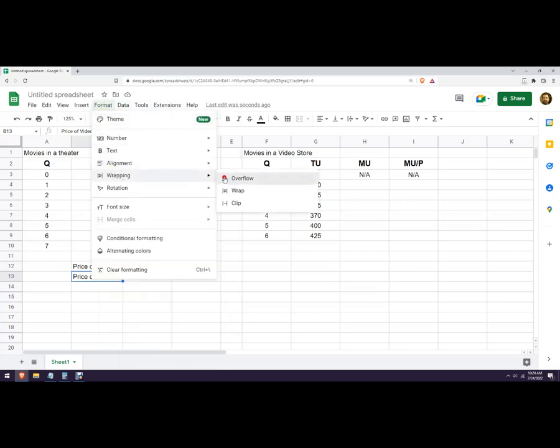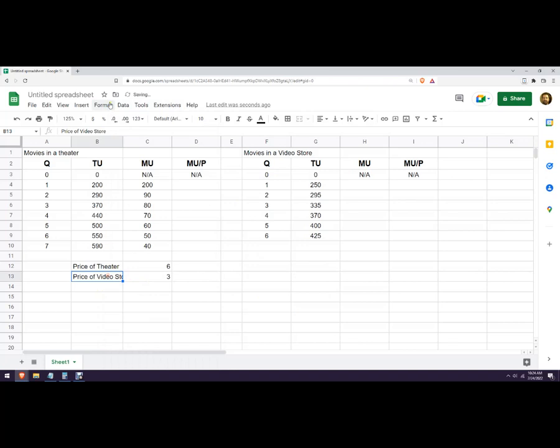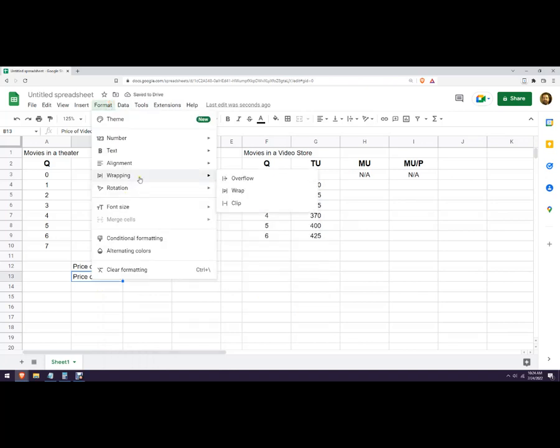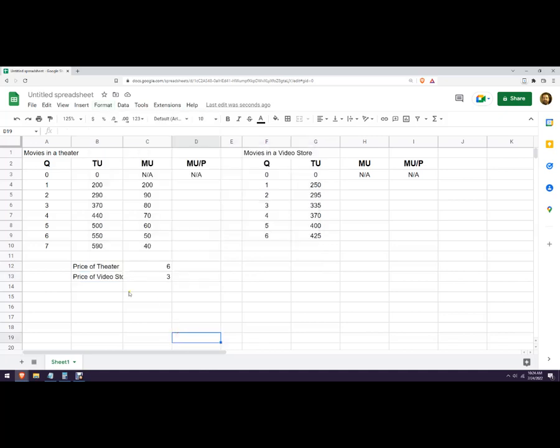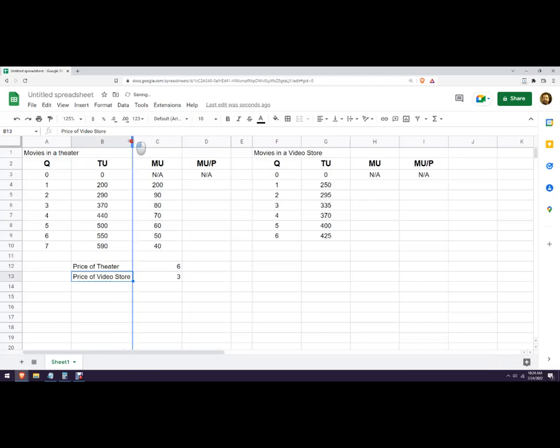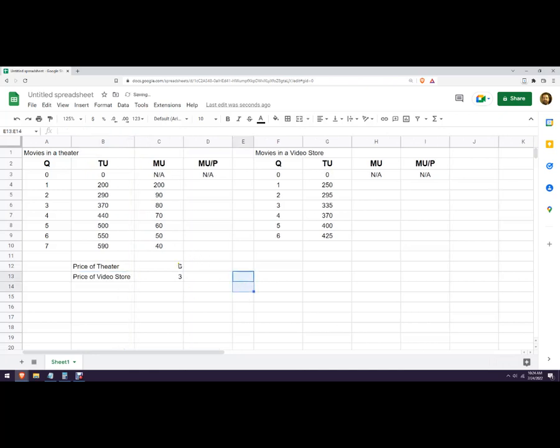I can wrap it, overflow, didn't work. Text, no, it's still not going to work. That's okay. Switch that. Just make it a little bit bigger. Okay, so now I've got the prices.